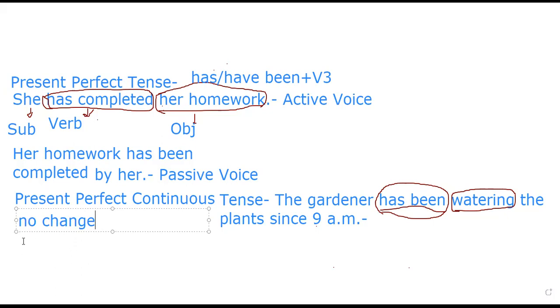Okay, समझ आ गया आपको सबको? Now we go to past tense. In past tense, we talk about first past indefinite tense.